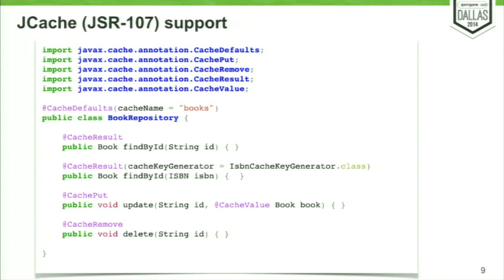So JSR 107 has its own ways of doing a few things, but this is all perfectly compliant. A specific key generator can be seen down here with @CacheResult. @CacheResult is basically @Cacheable from a Spring perspective, very analogous. There's @CachePut and there's @CacheRemove, the equivalent of @CacheEvict.